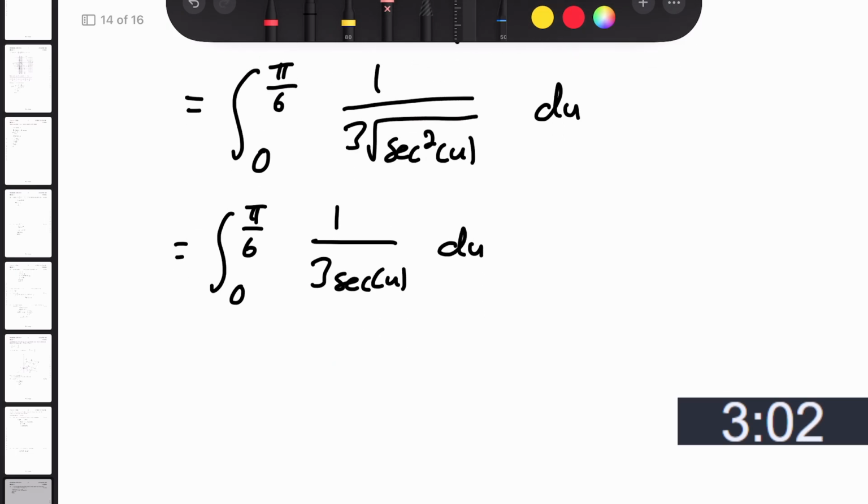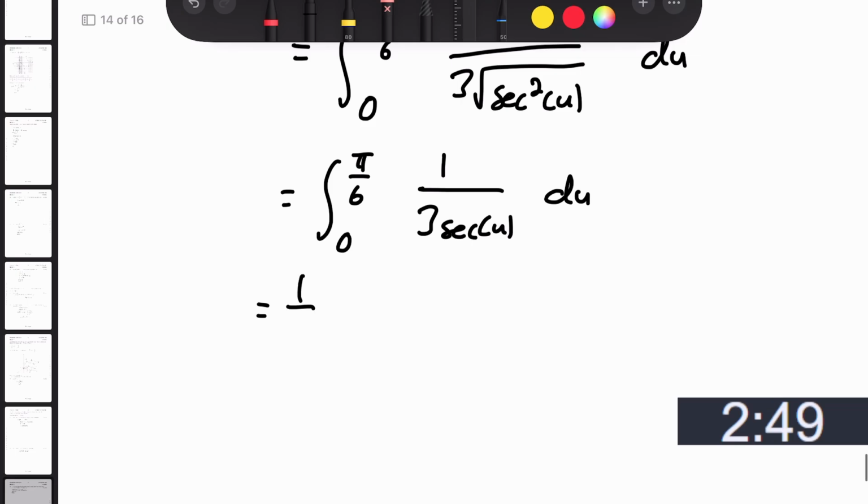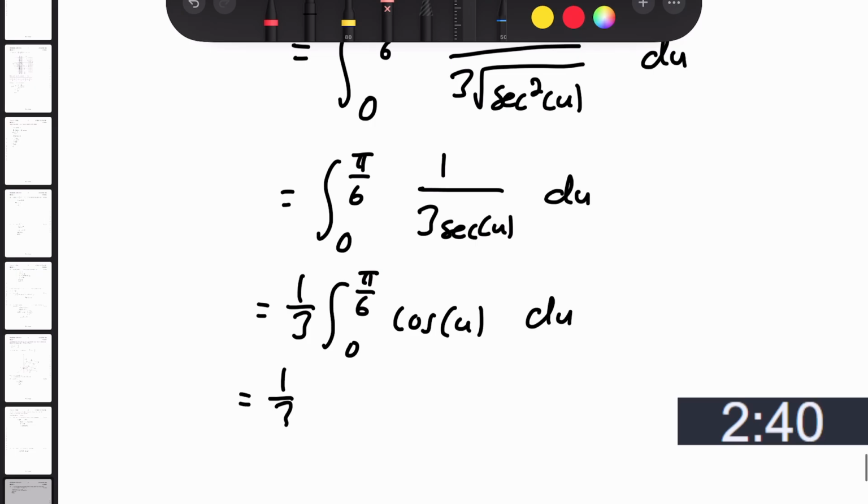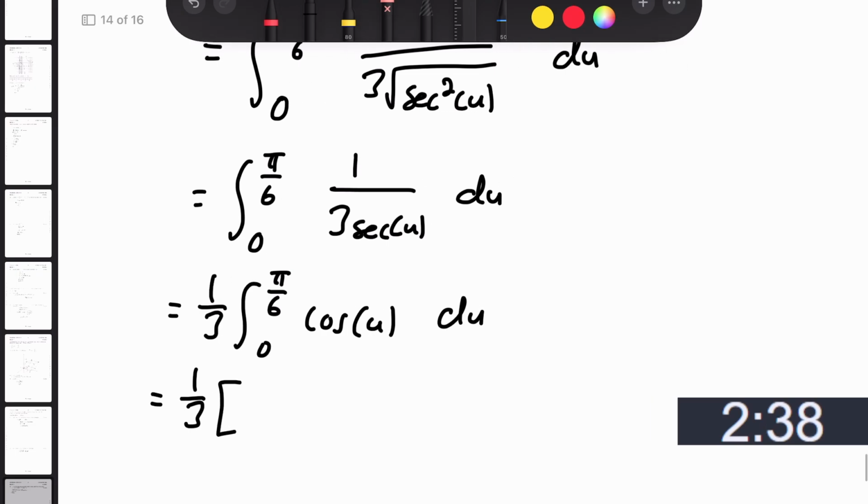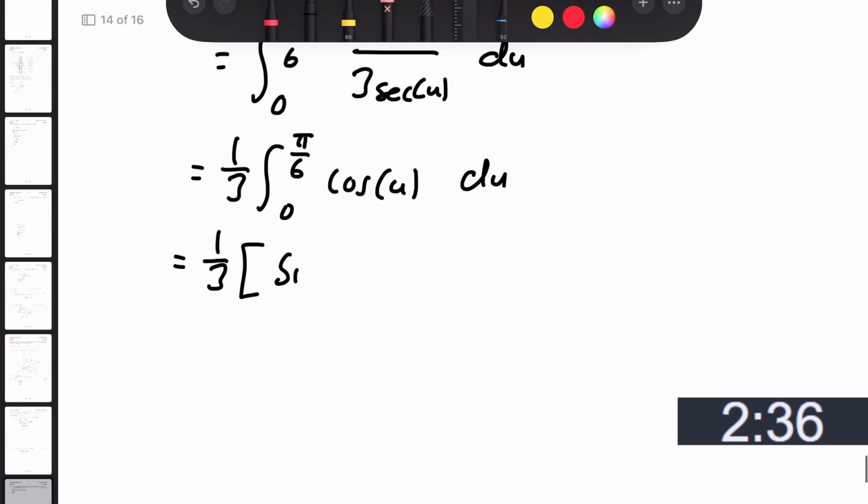Now secant is 1 on cosine, so 1 divided by 1 divided by cosine is cosine, so this would be a third of cosine of u du. So this would be 1 on 3, then sine of u from 0 to pi on 6.